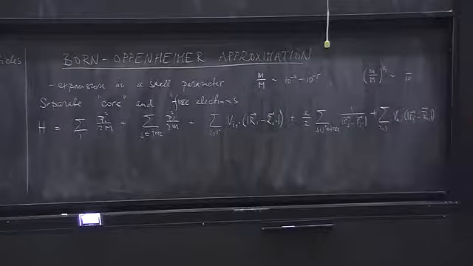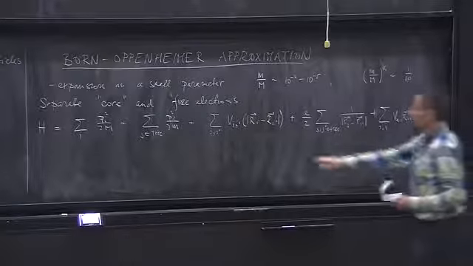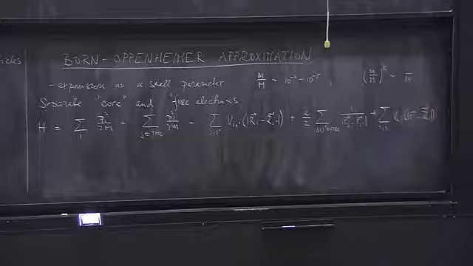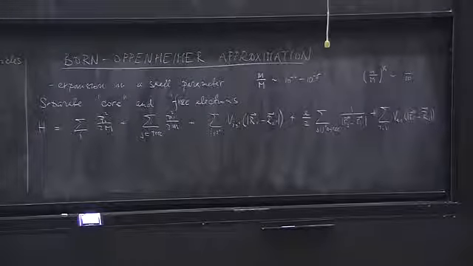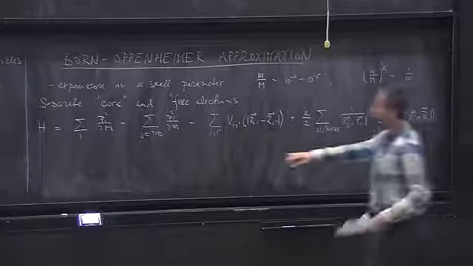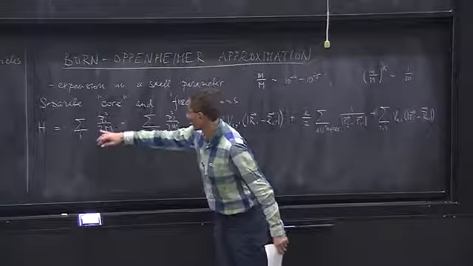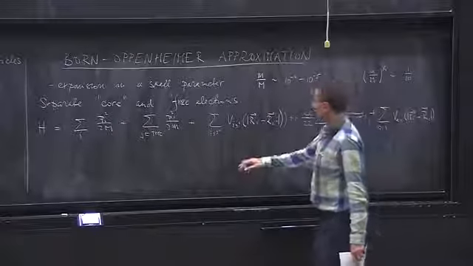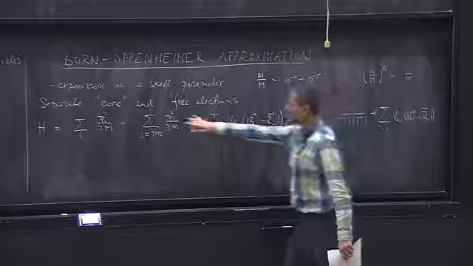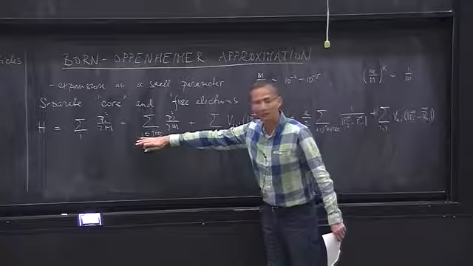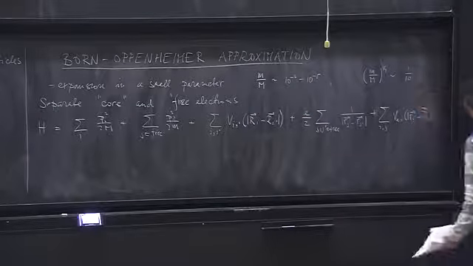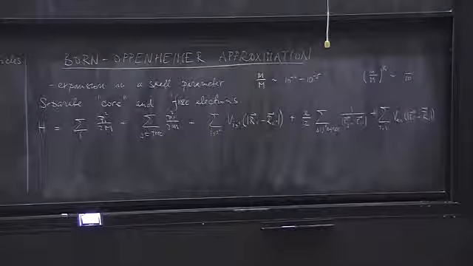So the Hamiltonian now looks like this. I have simply separated once again all the electrons into those that are tightly bound to the nuclei, and they now basically increase the mass of the ion a little bit, but not by much because they are much lighter. In the kinetic energy, I'm only explicitly summing over those free electrons that are not bound to the individual nuclei.